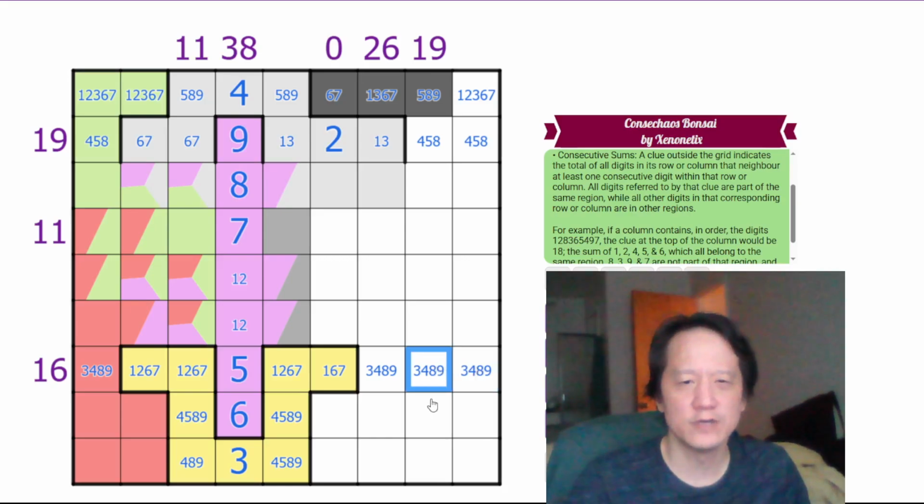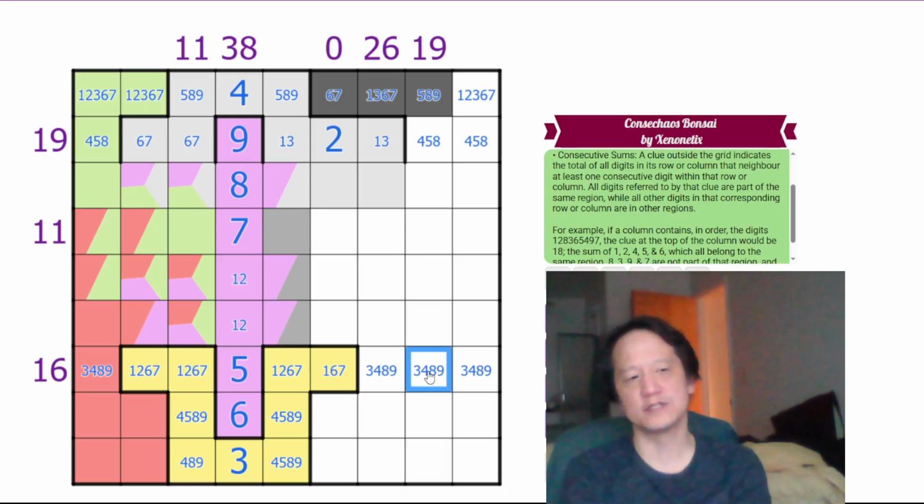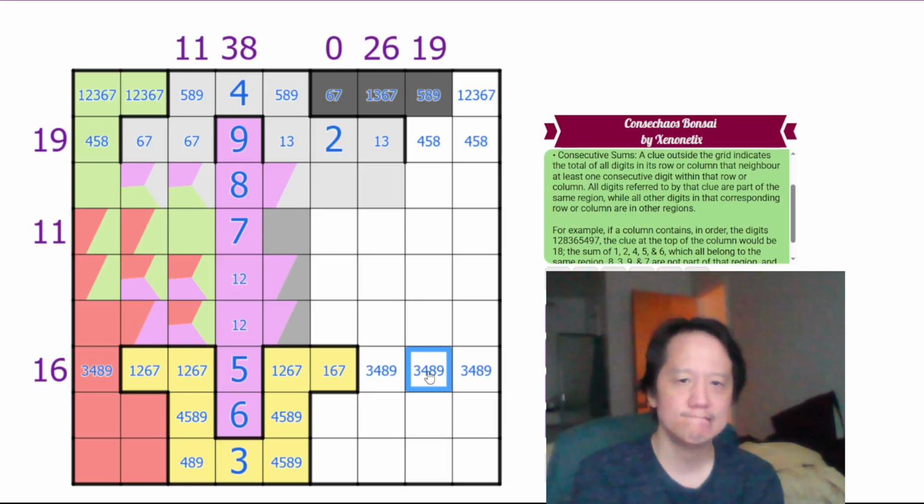What else do we have here? This could be part of the region as long as it's the 3, right? Otherwise, it's not part of the region.